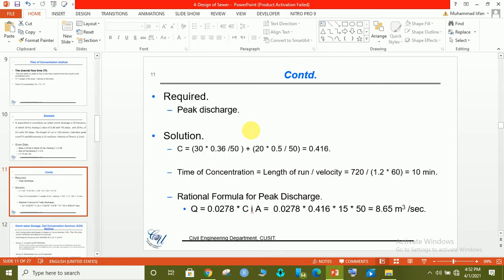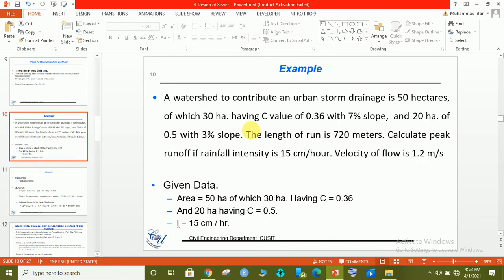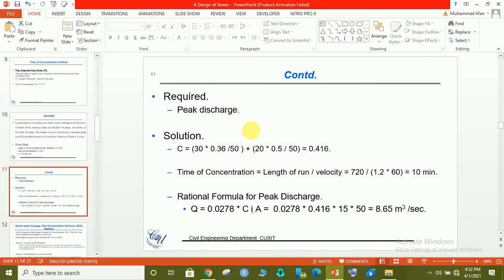So what is required is the peak discharge produced by the runoff from the rainfall activity of 15 centimeter per hour on these two types of area, which is a total of 50 hectare, but 30 hectare has a C value of 0.36. This means that the surface of that area is one type, and the 20 hectare area whose C value is 0.5 is another type of surface.